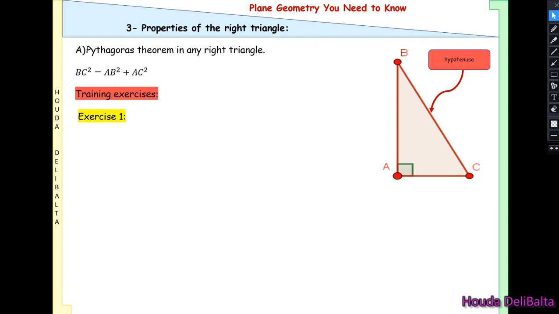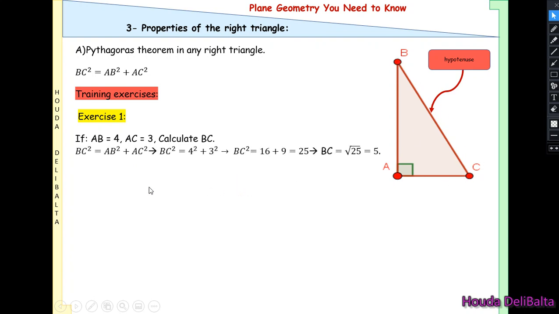Exercise 1. Using this figure here, if AB is equal to 4, here is AB, and AC is equal to 3, here is AC, we need to calculate BC, which is the hypotenuse. Using Pythagoras, BC squared equals AB squared plus AC squared.